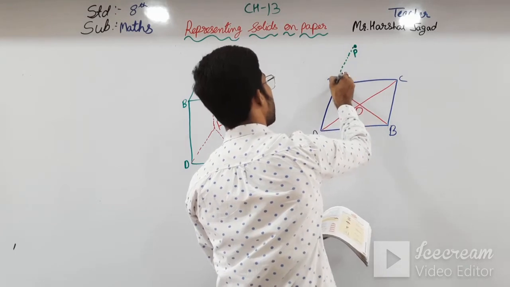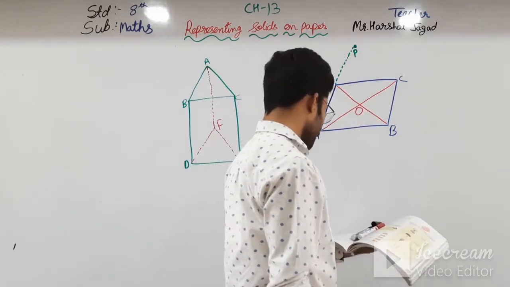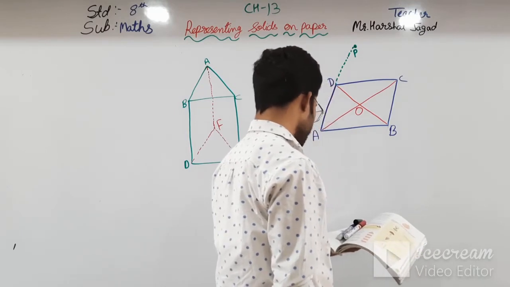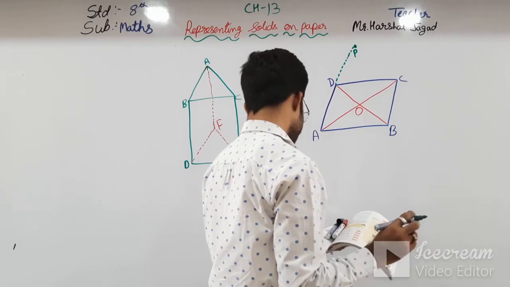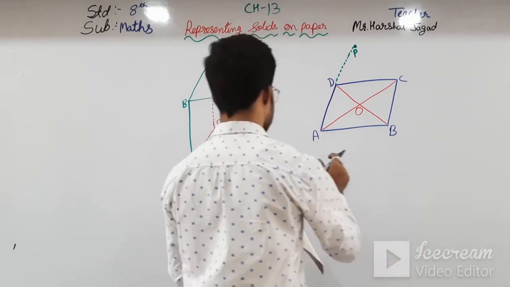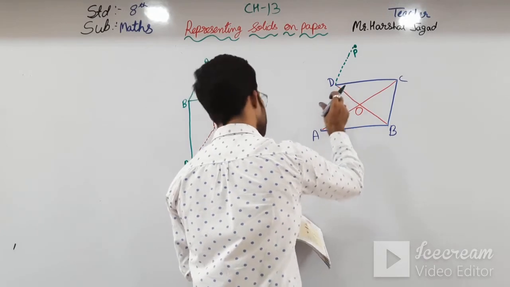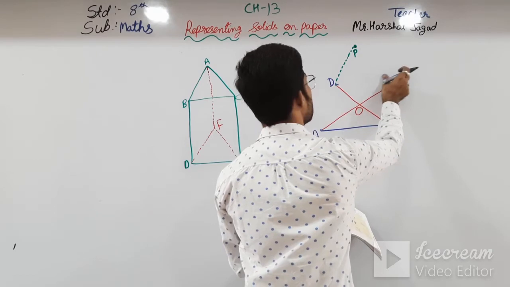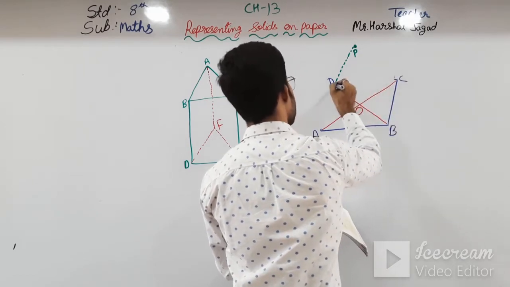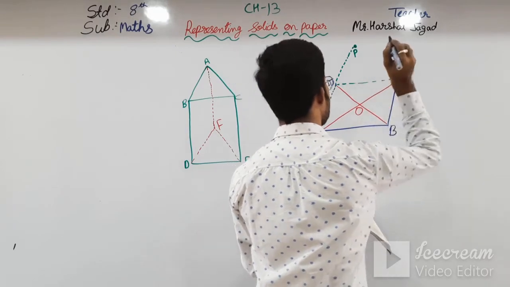This is the dotted line I have drawn, and then rub off AD and DC and make them dotted lines. They are saying that rub off AD and DC, we have to rub this line and make it a dotted line. So we have made this dotted line.